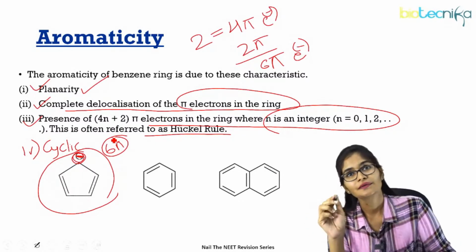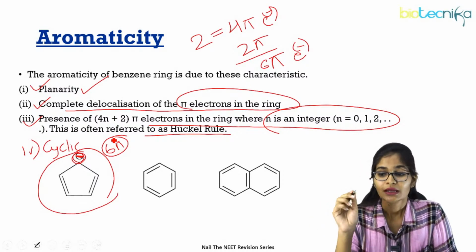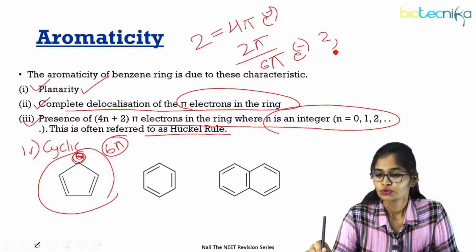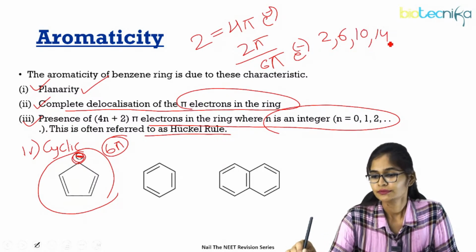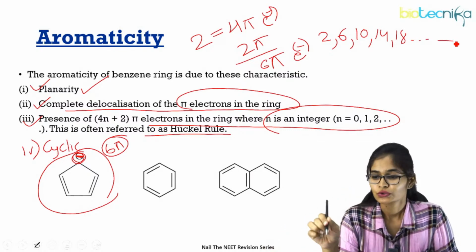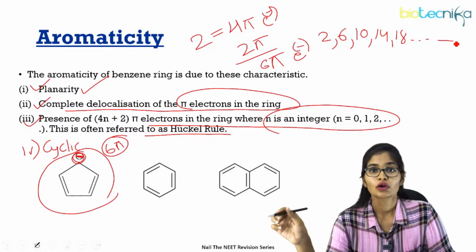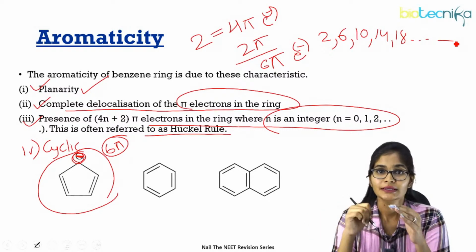In general, if a molecule has to show aromaticity, it should have 2, 6, 10, 14, 18, and so on pi electrons in it. Then we can say it can exhibit aromaticity.